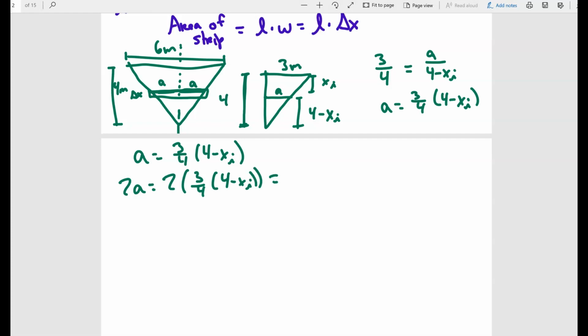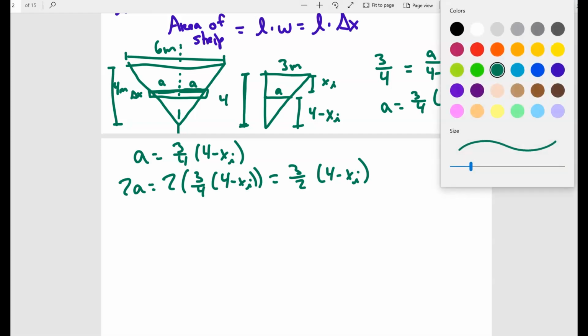And then what you're going to have is 3/2 times 4 minus xi. Now, alternatively, you didn't need to divide the triangle into halves. You could have just used similar triangles straight up off the bat, and you would have still gotten exactly the same thing.